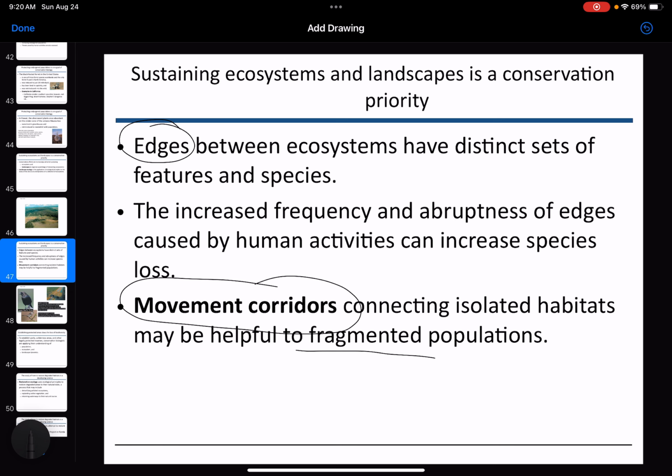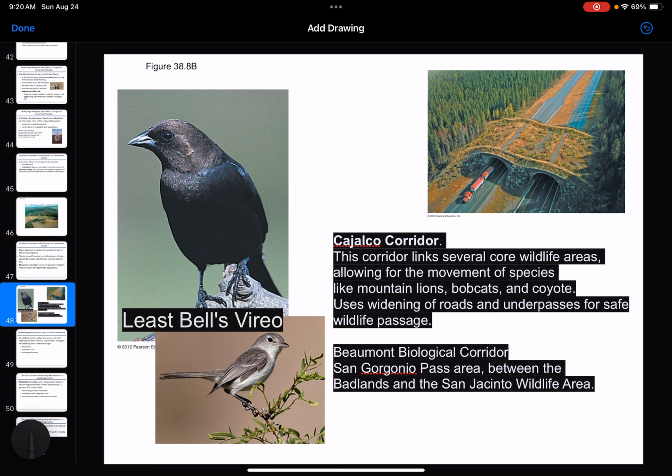Here's some examples of what I mean about species that might benefit from edges we create, right? I mean, they seem to be already adapted to natural edges, but when we create them, we're just creating more opportunities for them. This is the brown-headed cowbird, a type of bird that you might find perched on a cow.